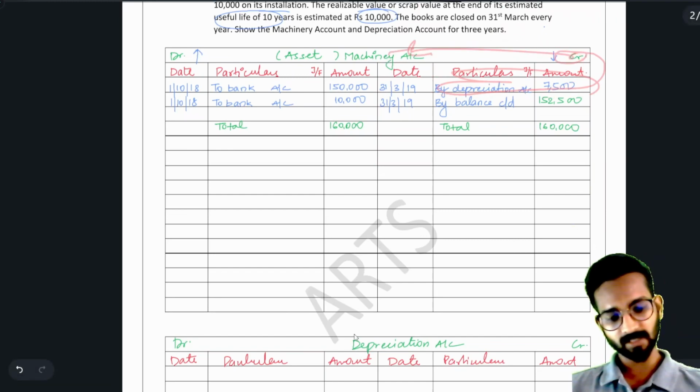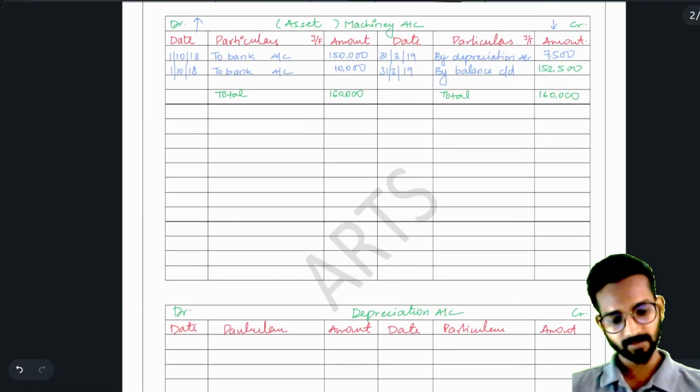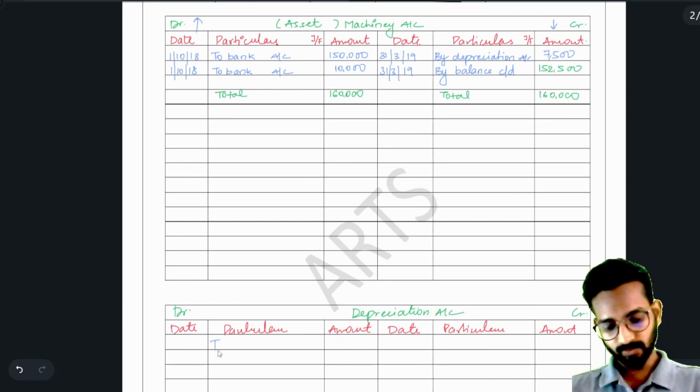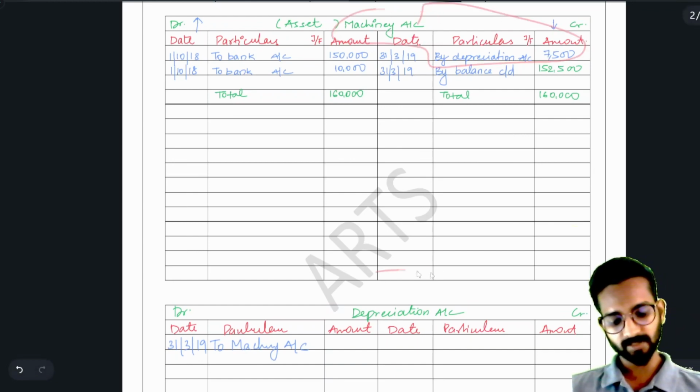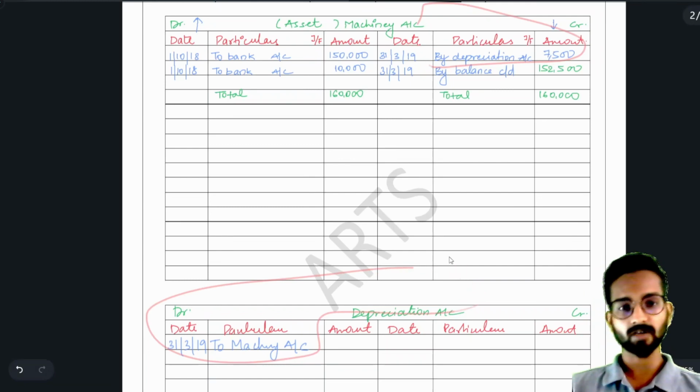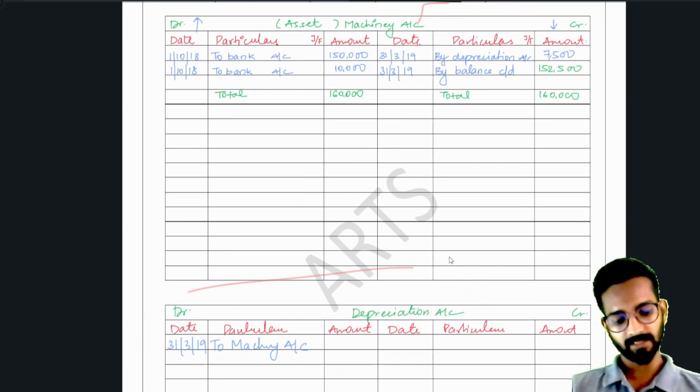So in the depreciation account you will write here by depreciation to machinery account. To machinery account on which date? On 31st March 2019. Simple enough. Why? Understand this. In machinery you are crediting depreciation, so in depreciation we will debit the machine. This is how the journal entry is passed into the ledger, okay.